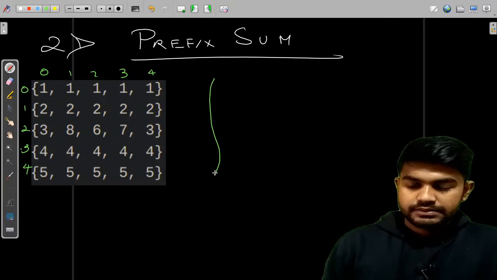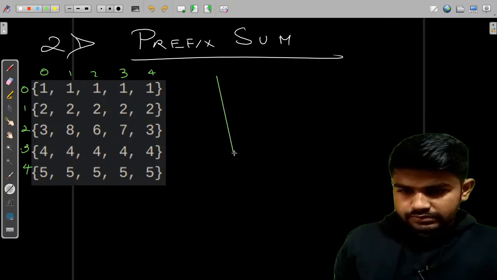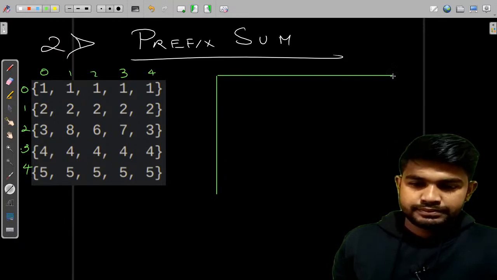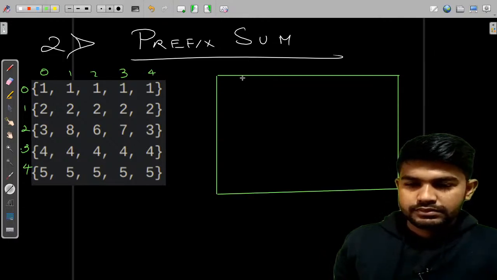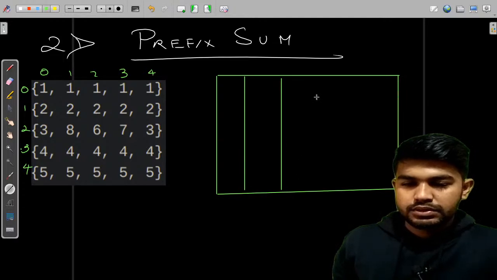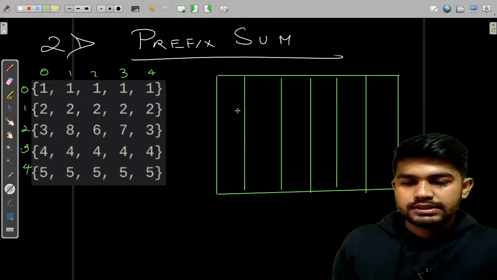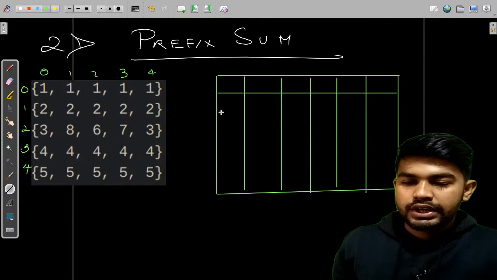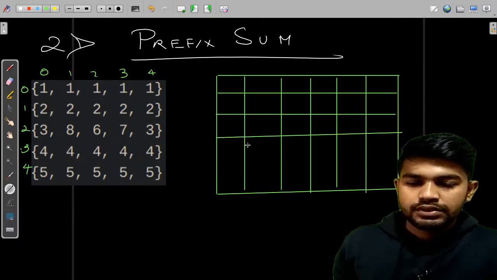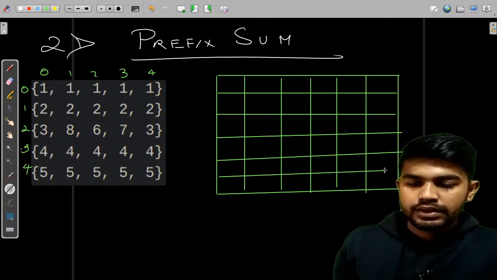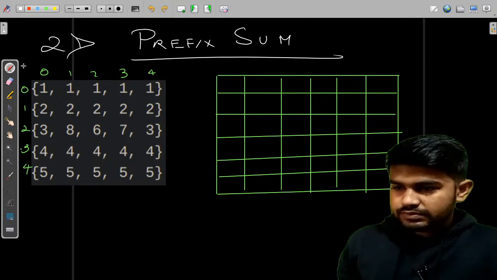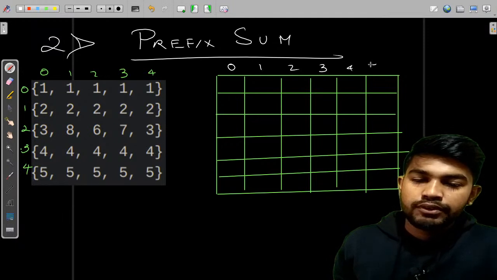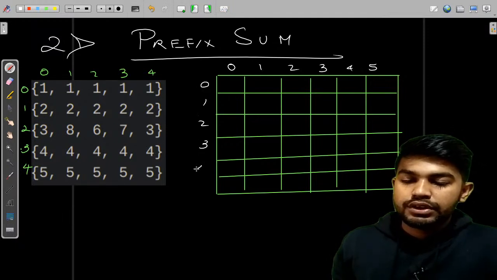Okay, 1, 2, 3, 4, 5 and 6. Then we have the indices as 0, 1, 2, 3, 4 and 5, and again 0, 1, 2, 3, 4 and 5.